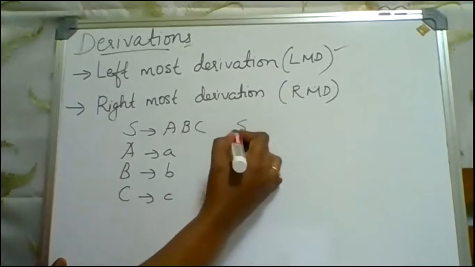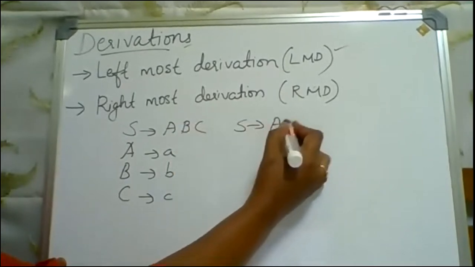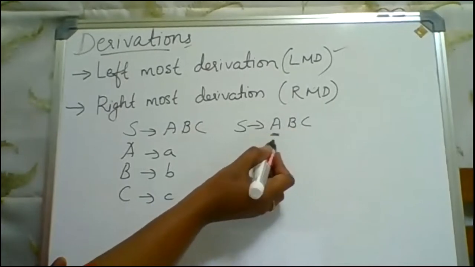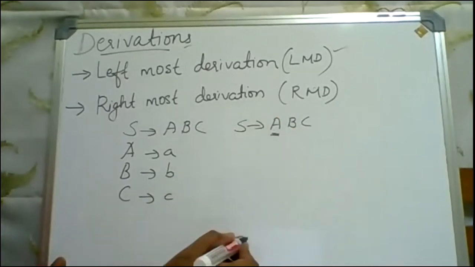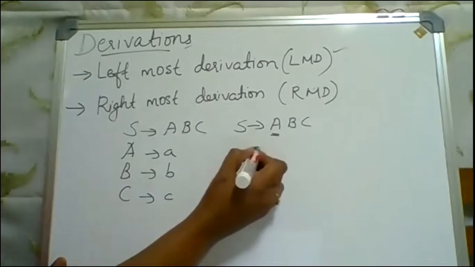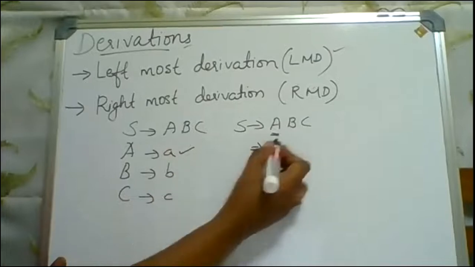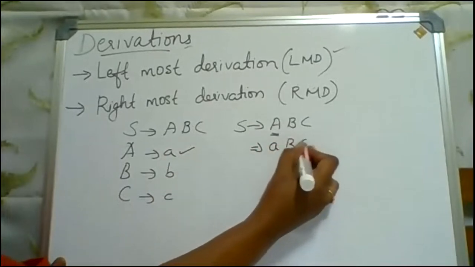Now, we start with the start symbol, S deriving ABC. In the first step, we replace A, as A is the leftmost variable, with A's production, and we get aBC.